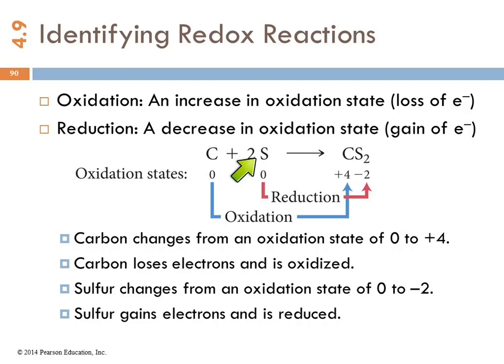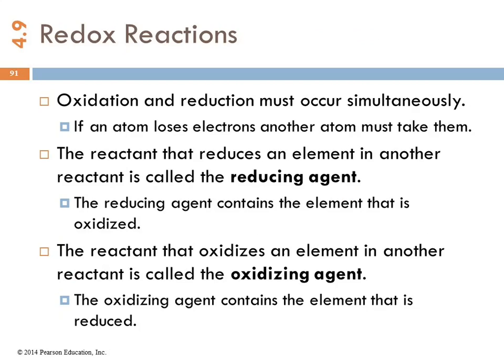These are elements by themselves, and so they're zeros. And after we do all of that, then we look, okay, carbon. Carbon was a 0, and now it's a +4. Its oxidation state has increased. That's equivalent to losing electrons, which is oxidation. They have to occur simultaneously, oxidation and reduction.